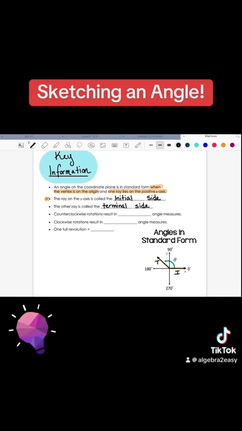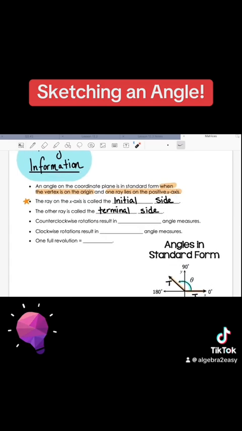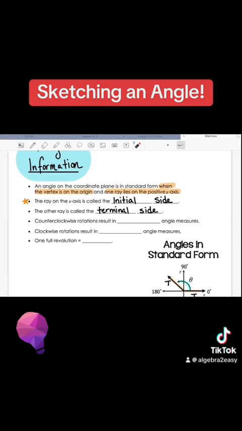The initial side never moves. The terminal side is the one that moves to create the angle. So originally, you have your initial side, and then you have your terminal side right on top of it. But the terminal side is the one that moves and then gives me the full shape of the angle. Now there are two types of angles we can have. We can have a positive angle measure or a negative angle measure.